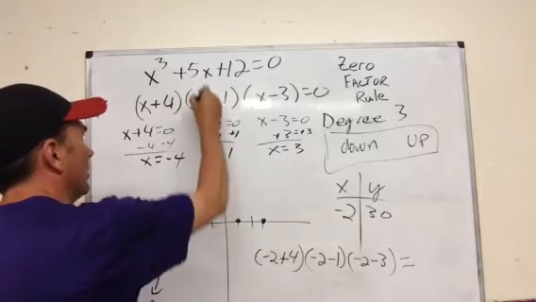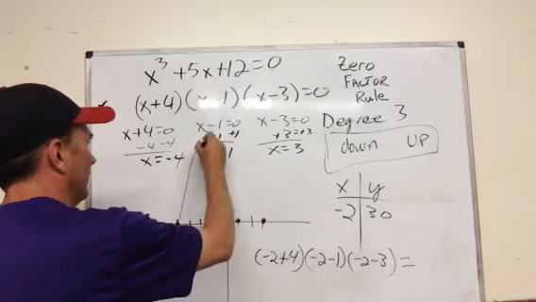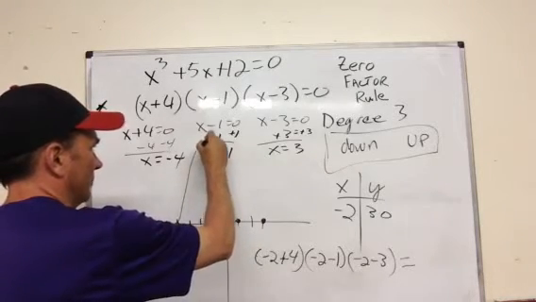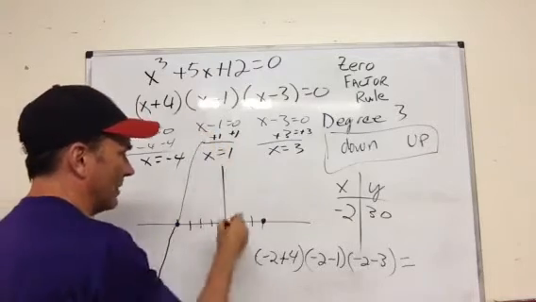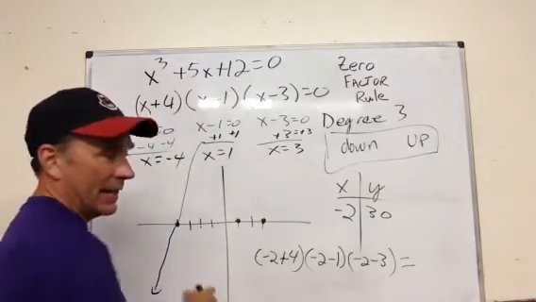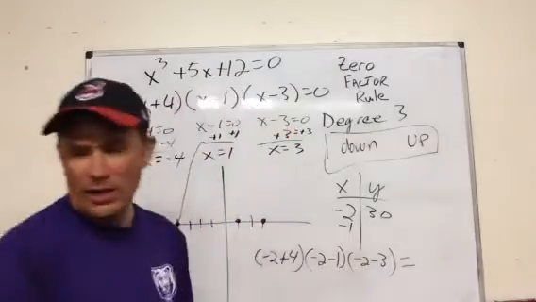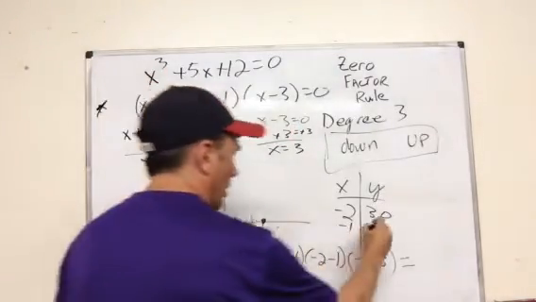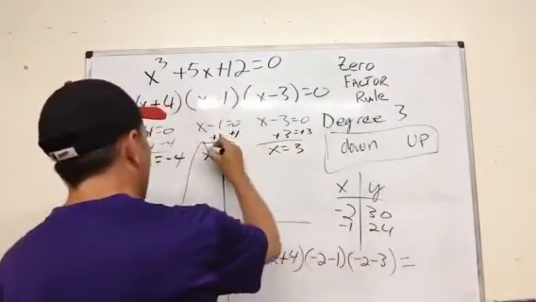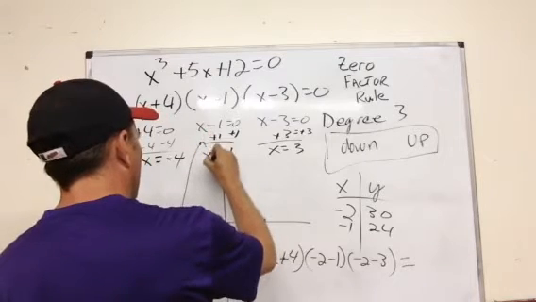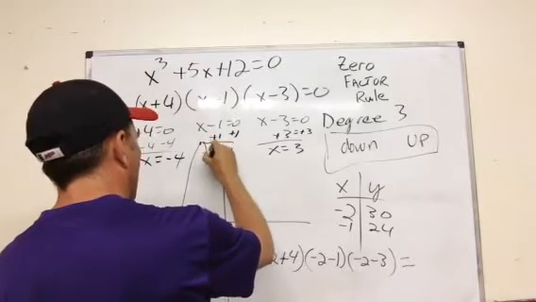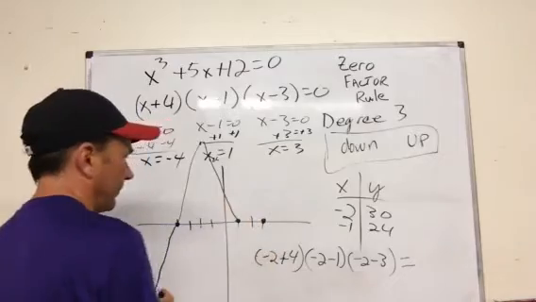So at negative 2, somewhere up here in 30, it's going to make a turn. Somewhere up there, it's got to come down now. If I put negative 1 in, another point, I get 24. So I know it's coming down. There's 30, here's 24, it's coming down through here.